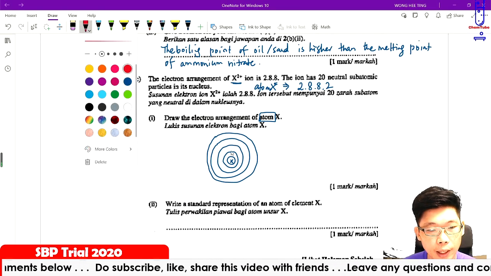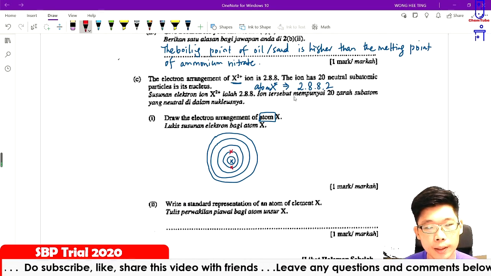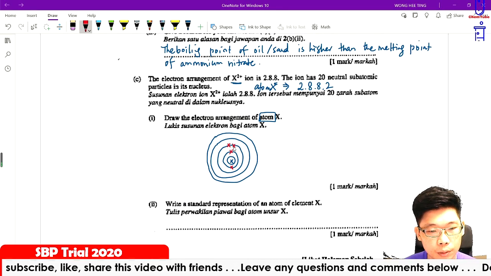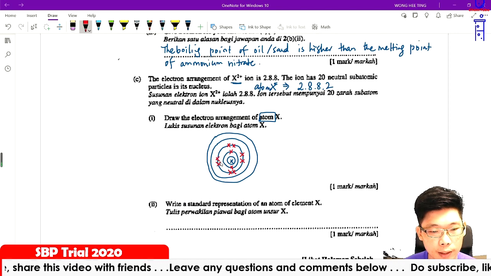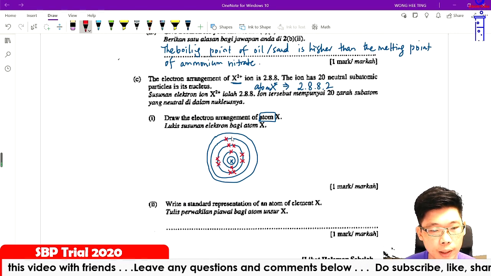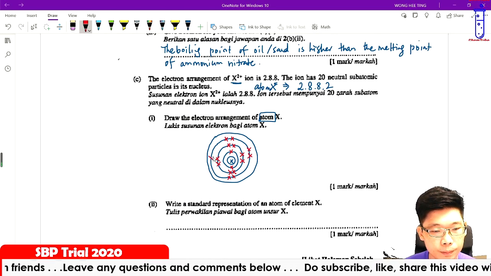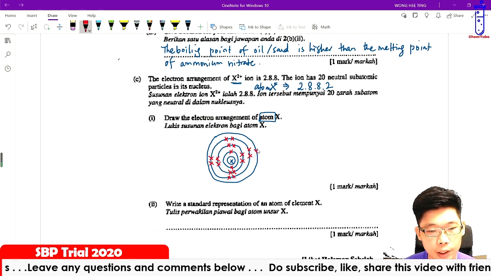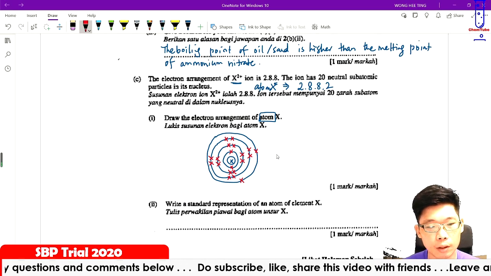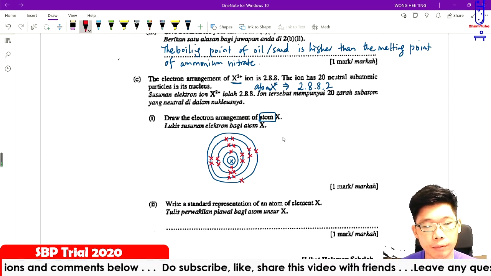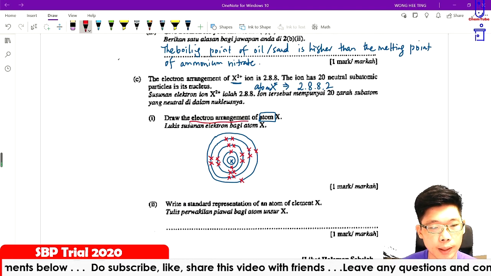So first shell we have 2 electrons. Second shell 8 electrons. Third shell 8. Then the last shell is 2. So it's 2, 8, 8, 2 for the atom of X. This is called electron arrangement.